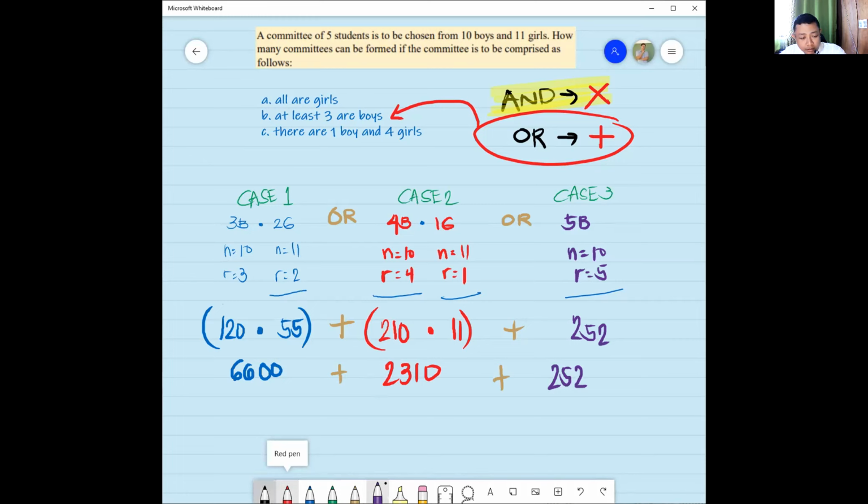So when you add the 3, the total would be 6,600 plus 2,310 plus 252. Type your answers in the chat box, please. I will check if we have the same answer. And the answer is 9,162 committees.